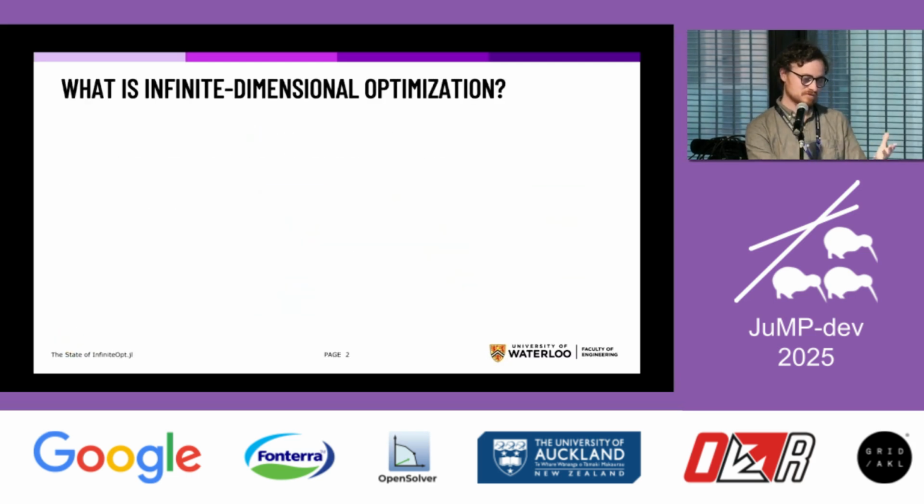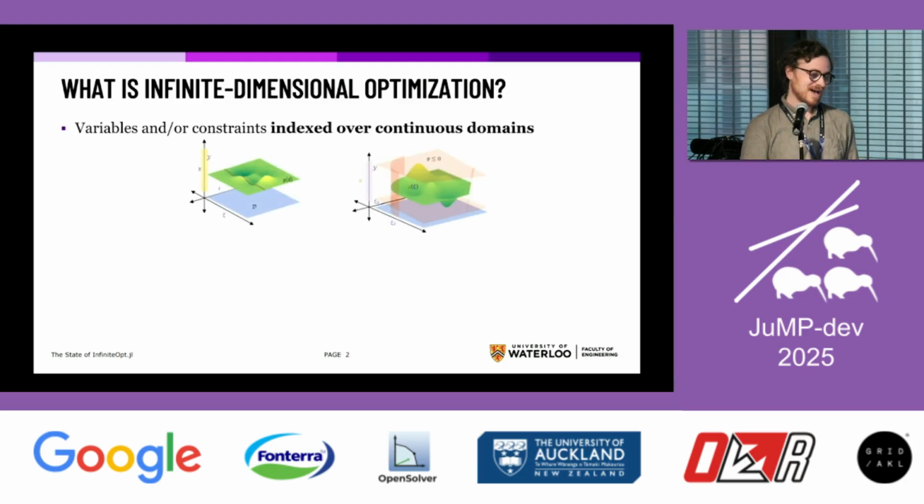Okay, but first off, what is infinite dimensional optimization? That's what the infinite stands for in InfiniteOpt. Well, basically, we have variables or constraints that are indexed over continuous sets, giving you an infinite number of decisions that you need to make, or an infinite number of constraints. Essentially, we're optimizing functions.